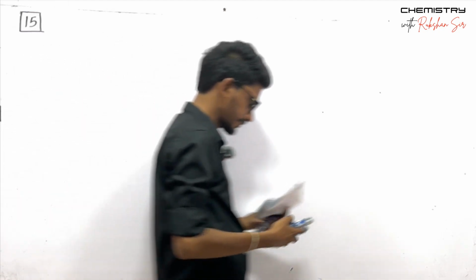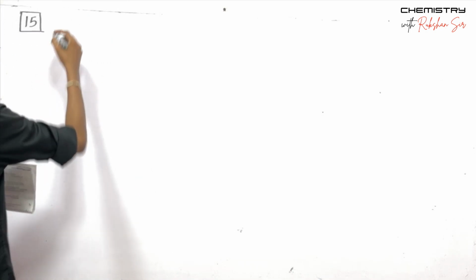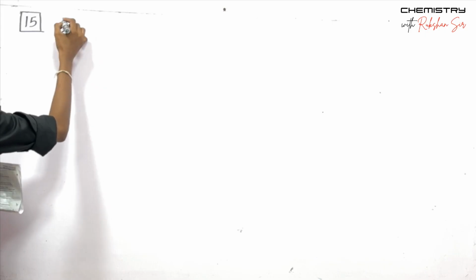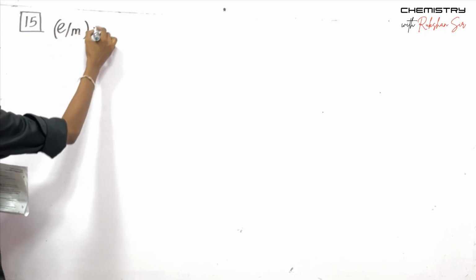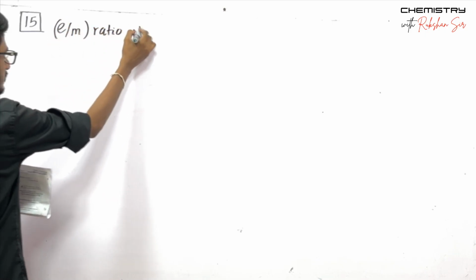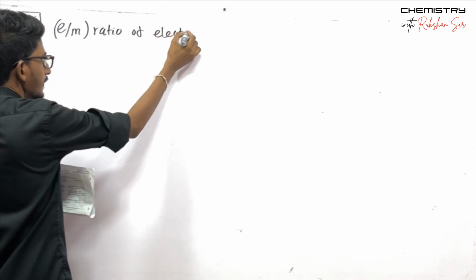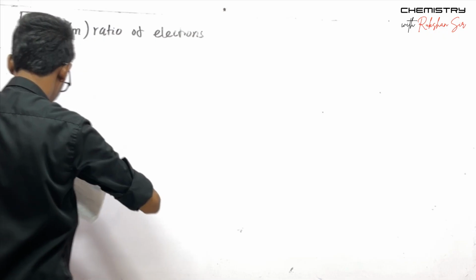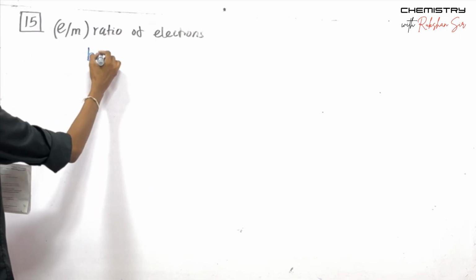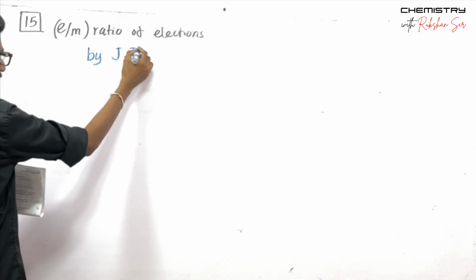See, the e/m value for electrons was experimentally determined accurately by J.J. Thomson.